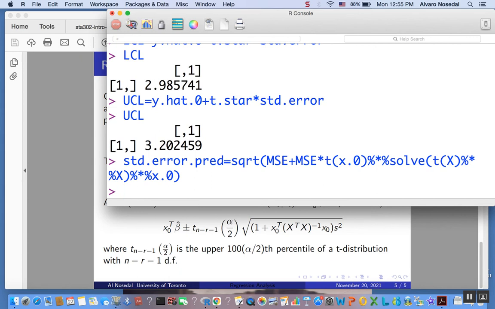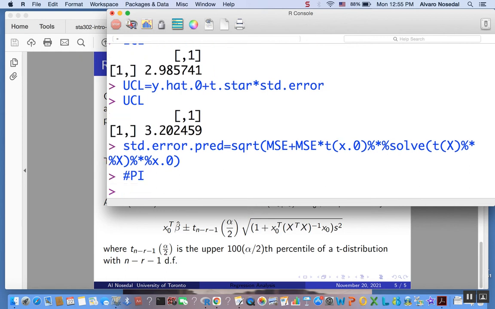Okay, so now let's find a prediction interval, and I'm going to be using the same notation, LPL as in lower prediction limit, and UPL for upper prediction limit. Now let me recycle what we had before for LCL, but now it's going to be LPL. And now the standard error that I want is the standard error of the prediction, right?